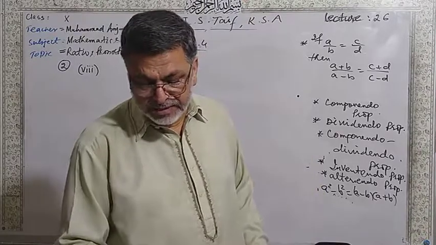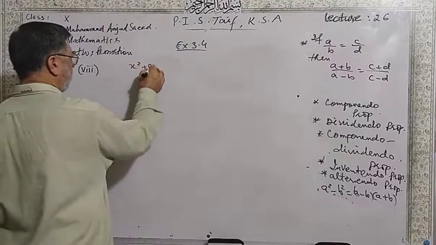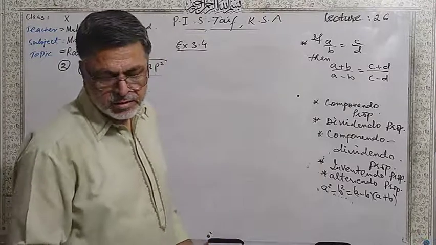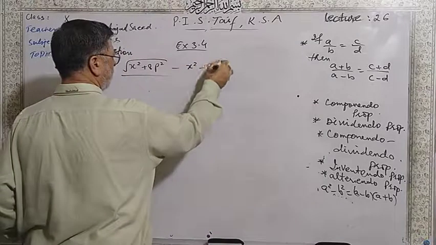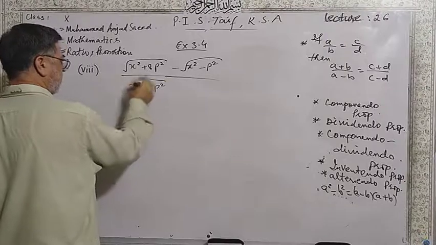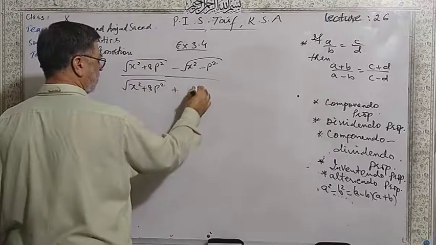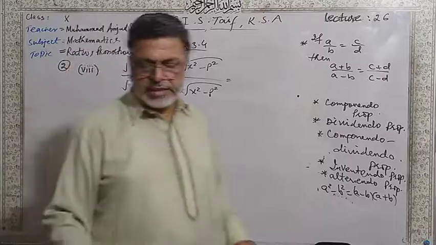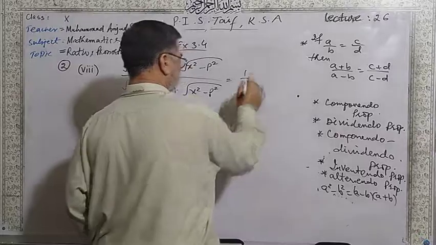Square root of x square plus 8p square minus square root of x square minus p square, over square root of x square plus 8p square plus square root of x square minus p square, is equal to 1 over 3.